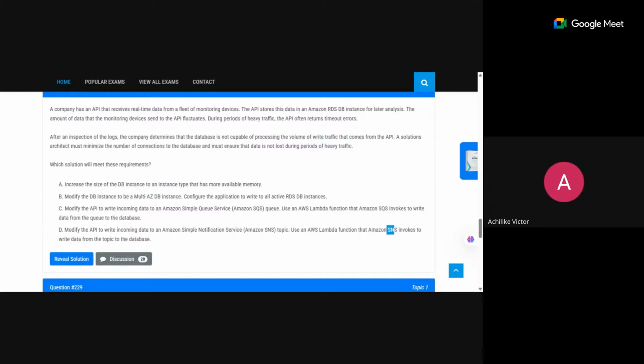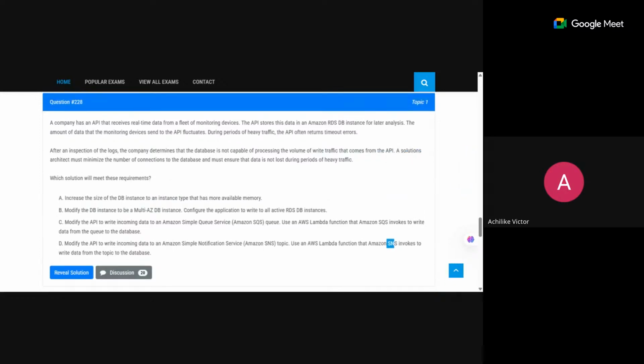But if you have an SQS queue, the data is going to be easily controlled. The heavy traffic is not going to affect the server anymore because the SQS queue would permit data one at a time, right?